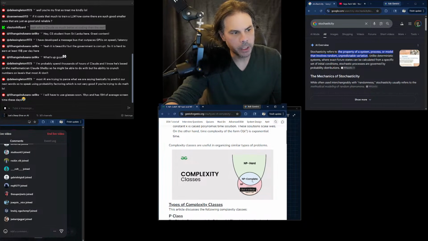And then the NP complete, which I believe is both non-deterministic polynomial in the solution and also in the verifier. Or maybe that's NP hard. But the point is that as you go further down this rabbit hole into the deeper time complexity of these problems, it takes more time.